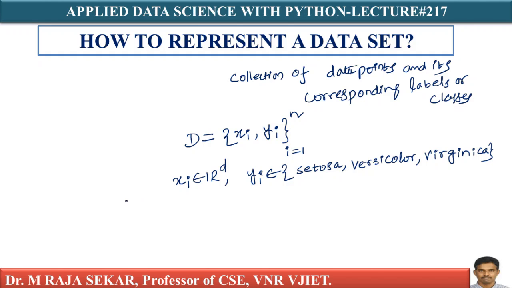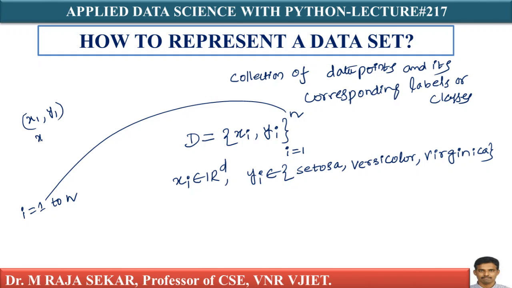Our data set contains n data points. What is the reason? Because I am writing i equal to 1 to n. What does it mean? There are n data points. My first data point is x1, y1, the second point is x2, y2, and so on. My nth point is xn, comma yn.